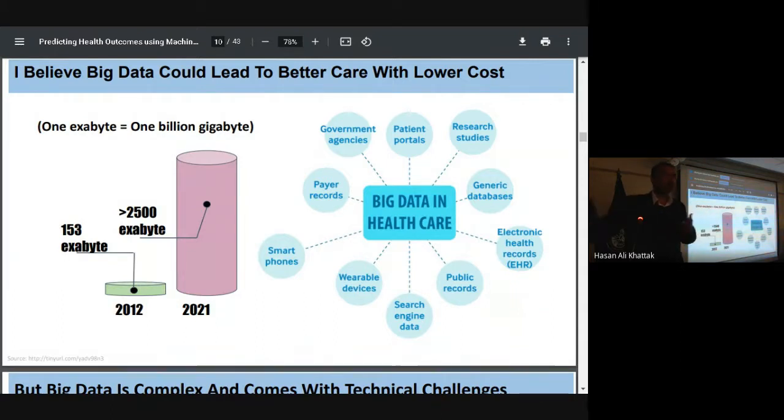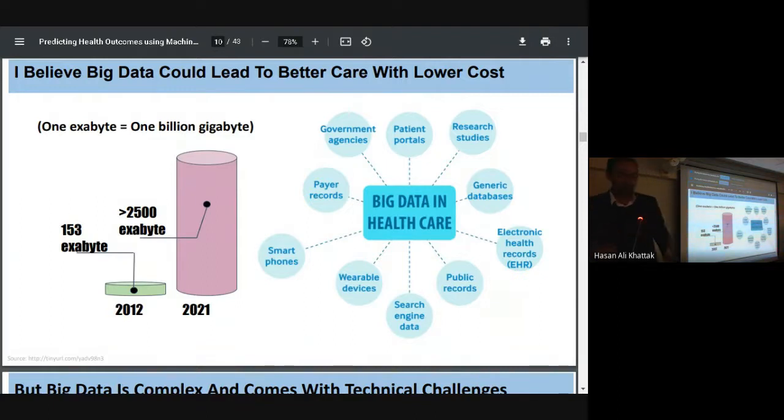And the majority of people in the US are covered by a health insurance system, so they have records of the patient, different types of records. I will show you examples of the data they hold, from demographic information to patient clinical labs and other information.